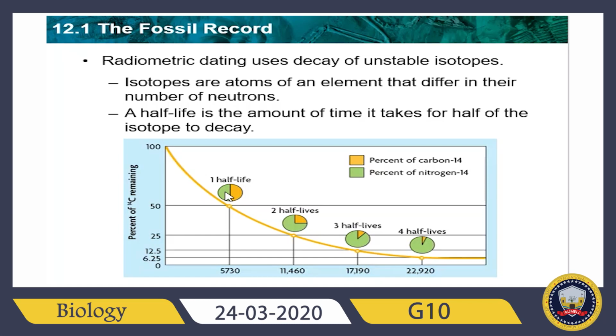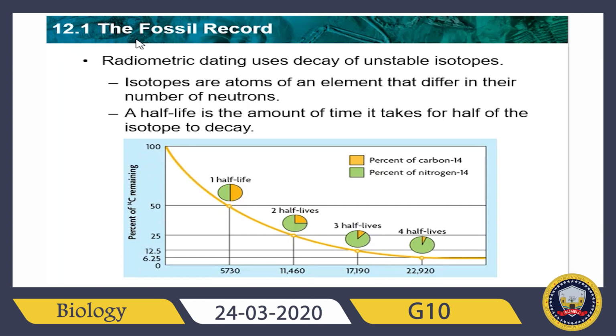So as an isotope decays, it can transform into a different element. So the decay rate of many radioactive isotopes has been measured and is expressed as the isotope's half-life, as shown here in this figure.